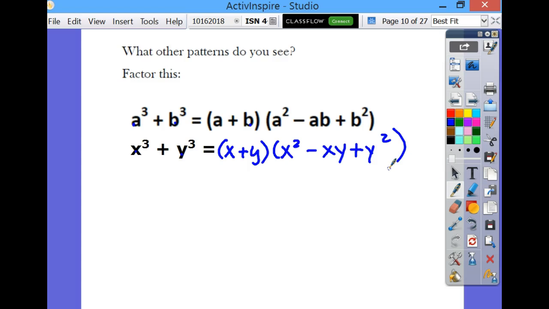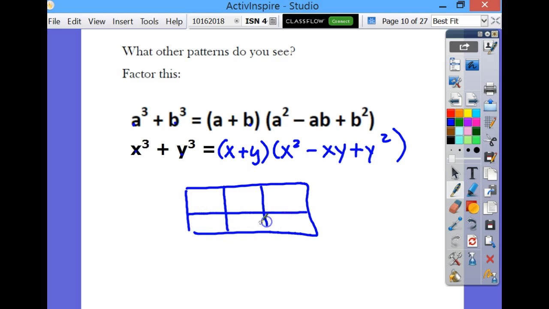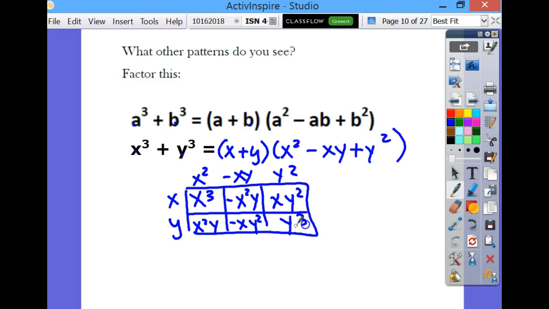If you multiply this out with a box problem, if you multiply that minus x squared y, xy squared, x squared y minus xy squared y to the third power, and combine like terms, what happens to those two like terms?